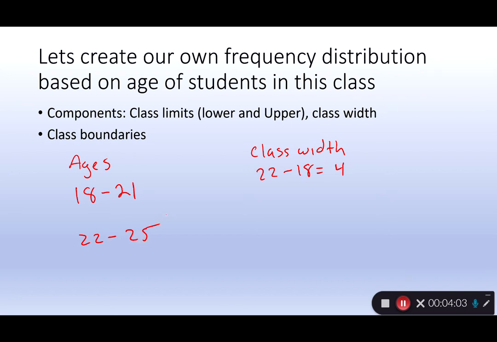Well, there is space in between our class limits. We have 1 unit in between 21 and 22, right? So we want to bring those two things together. So we make what we call a class boundary, where we add up our upper class limit and our next lower class limit, divide by 2, right?